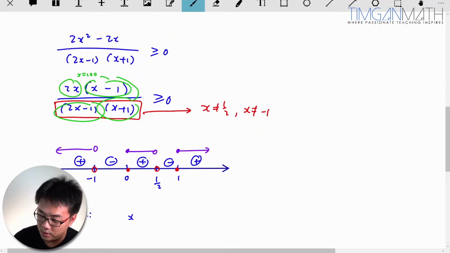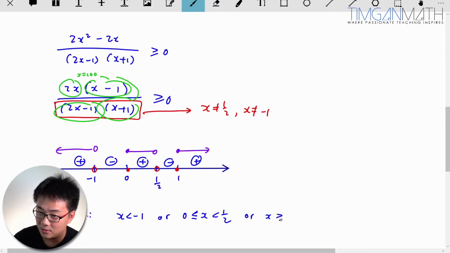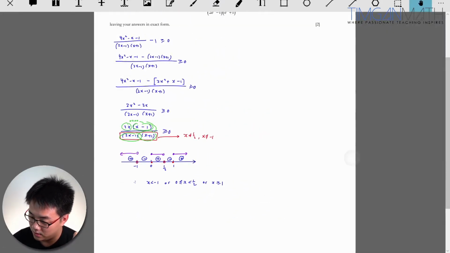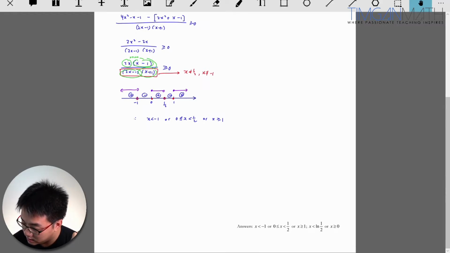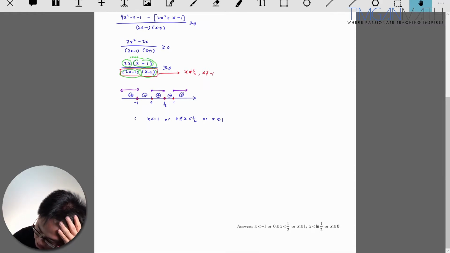Hence x is less than minus 1, or x is between 0 and half, or x is bigger than or equal to 1. That's the answer.